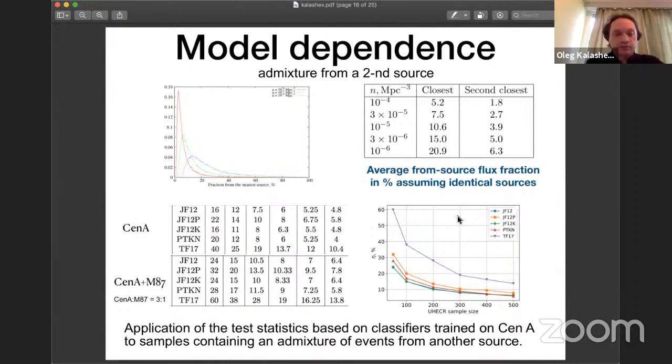We added an admixture of 1/3 of events from M87. And again, we have applied the classifier trained on the maps generated with the CNA only source. And again, we have quite good performance, except for a very different magnetic field model.